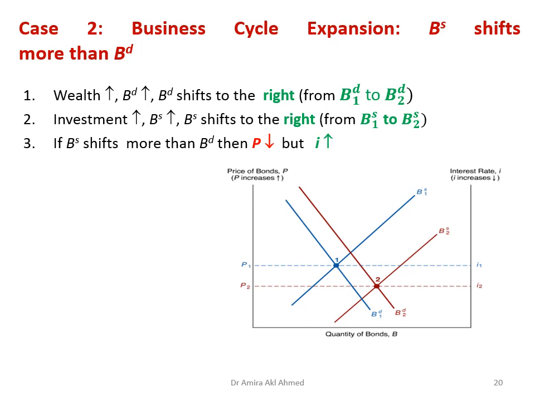In a business cycle expansion, firms will be more willing to borrow because they are likely to have more good investment opportunities. Thus, for every bond price and interest rate, more bonds will be supplied. This is shown graphically by the supply curve shifting to the right.